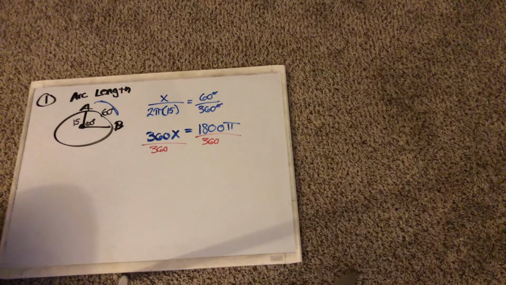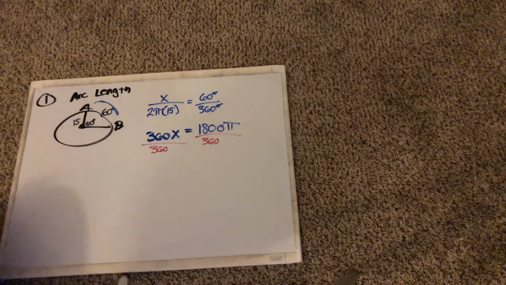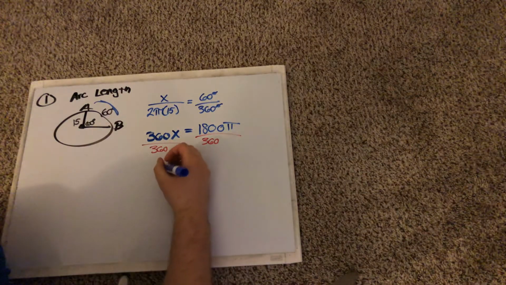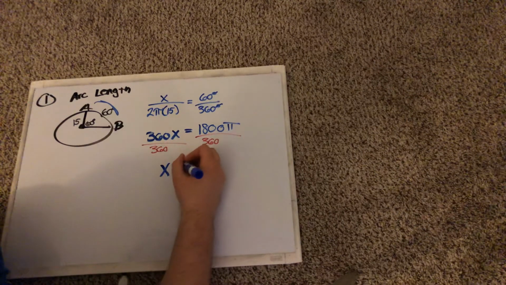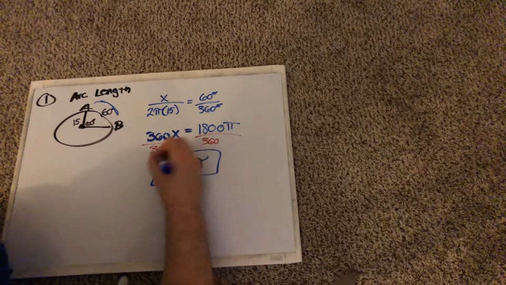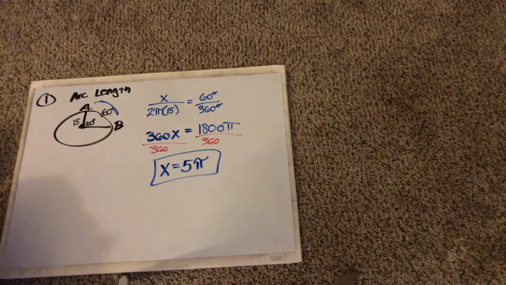If you don't remember how to simplify, you can always do 1800 divided by 360, and if you get a decimal, you can always do math, enter, enter. But in this case, 1800 divided by 360 is 5. So our answer is 5 pi. Again, terms of pi only.